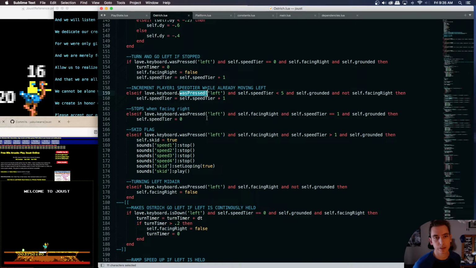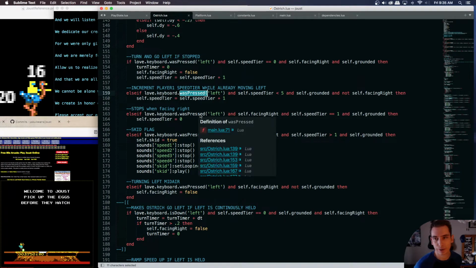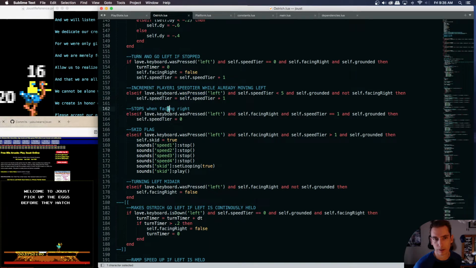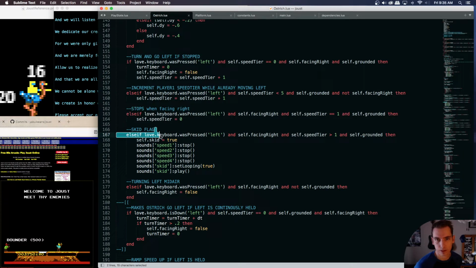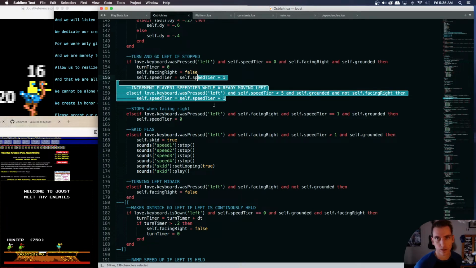So I can still do the was pressed for the stopping and everything and the skidding. That's fine. But for the incrementing speedTier, that needs to be is down, which still gets triggered on the first frame. So it shouldn't change how our code is currently behaving.